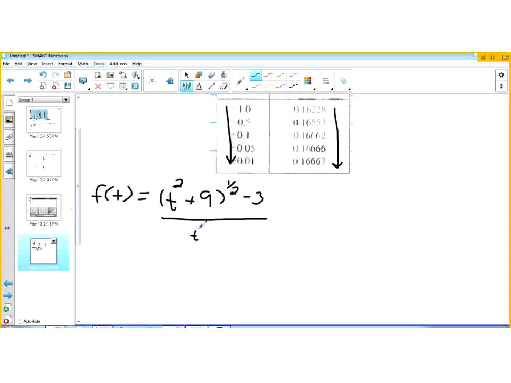Now let's see if this will work. If I were to multiply upstairs and downstairs of this rational function by the conjugate of the numerator, this is what the multiplication would look like. I propose that we do this.